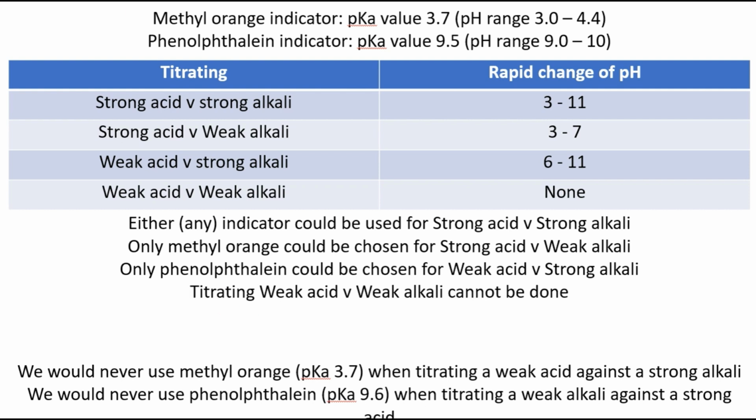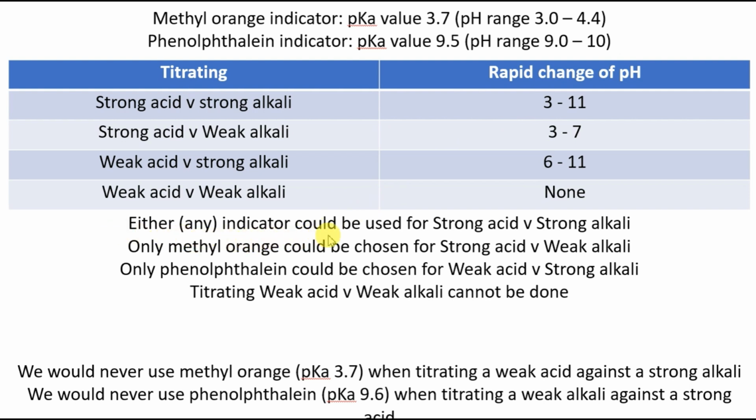Now, two indicators, methyl orange and phenolphthalein. What I've done is to take my four possibilities for a titration and the rapid change in pH that we would expect. Looking at those two indicators, they have different pKa values and different ranges over which they show their endpoint color.